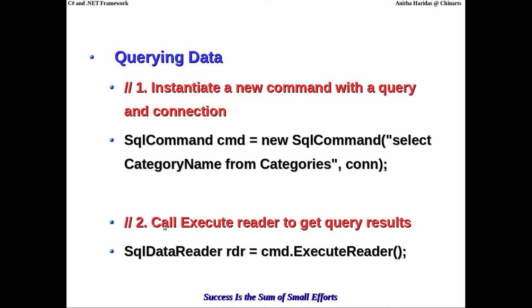So here I am going to call the execute reader method. The command object will be invoking the execute reader method, which will be returning a data reader object. So RTR now becomes the data reader, which is a forward only, read only reader object, and this stores the retrieved records of this particular query.